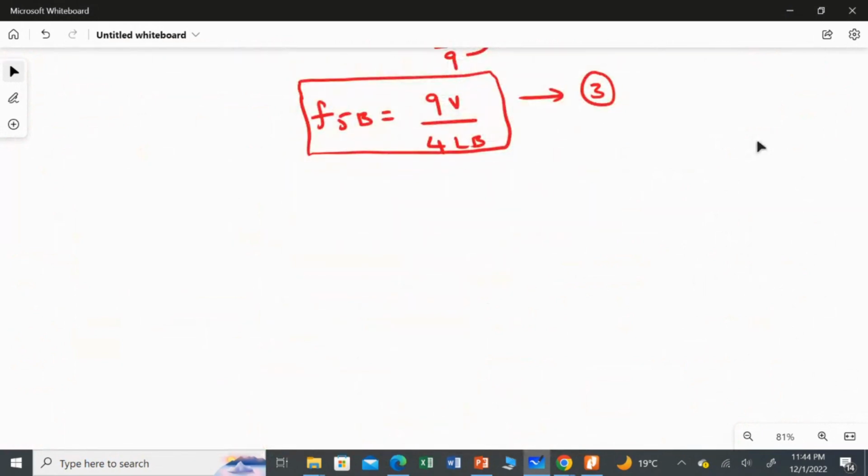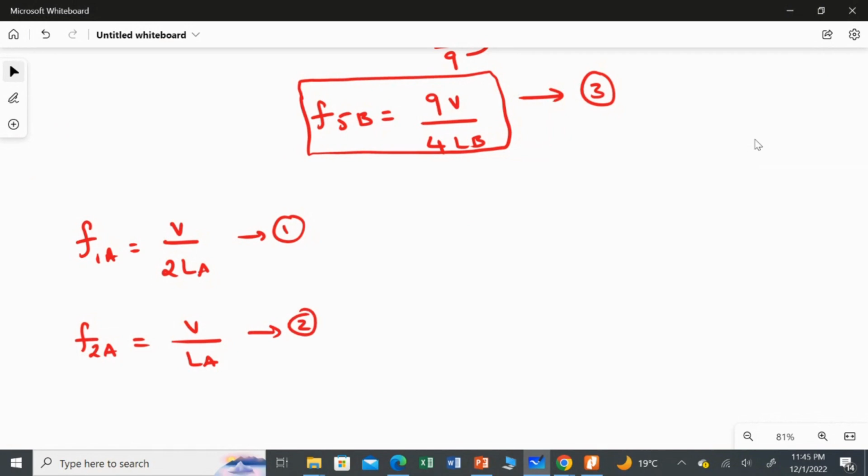So what is our first equation? F of 1A, which is equal to V over 2 LA. This is our first equation. What is our second equation? F of 2A, which is equal to V over LA, right?